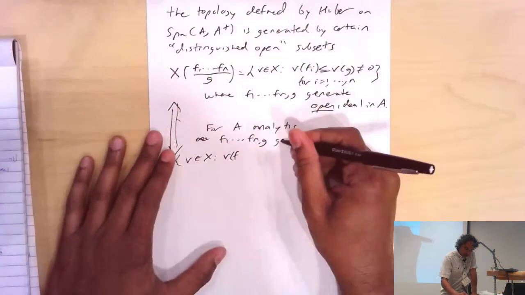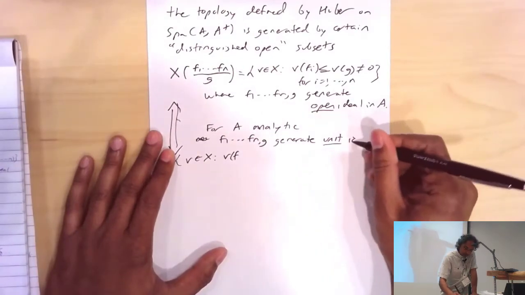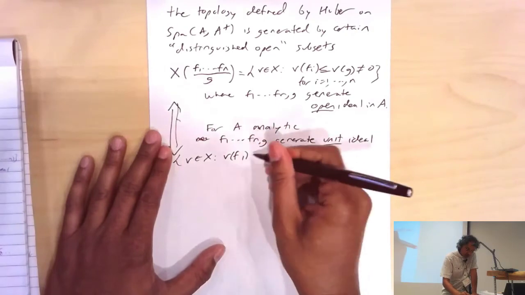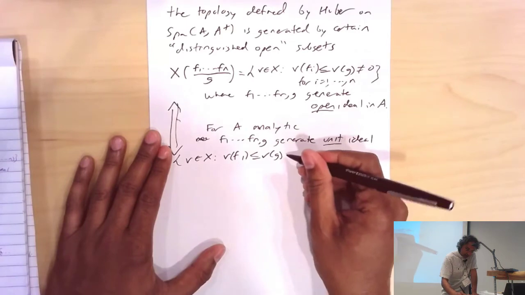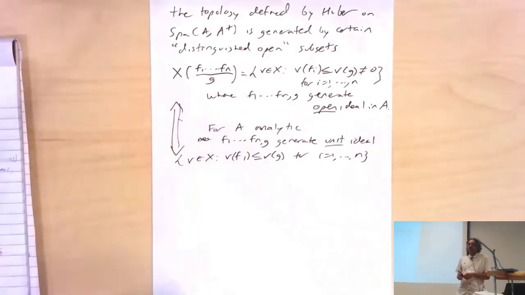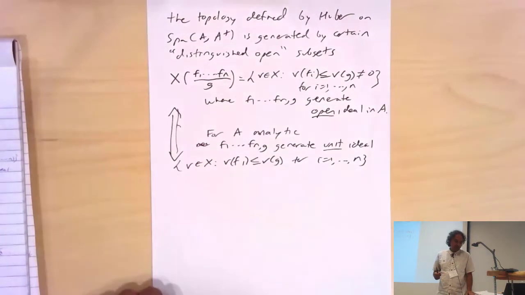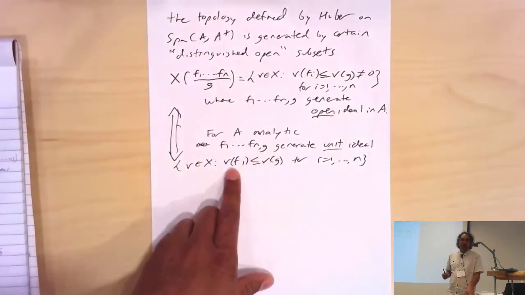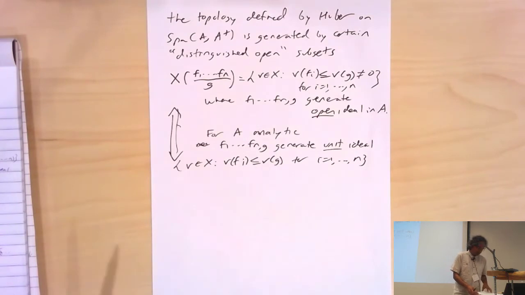And so this condition simply becomes that f_1 through f_n generate the unit ideal. And then, if they generate the unit ideal, this condition turns out to be unnecessary. Roughly speaking, things that generate the unit ideal can have no common zero. So you don't actually need to impose this condition, because if g were 0, then all of these other ones would be 0, and that would be bad. So that simplifies things slightly.